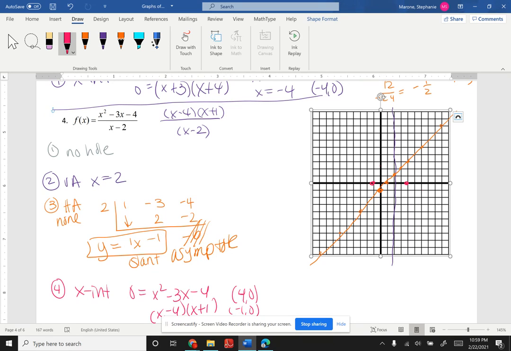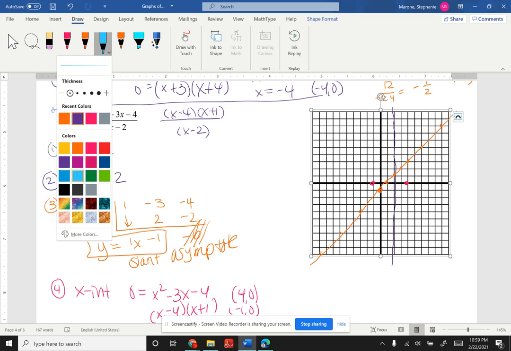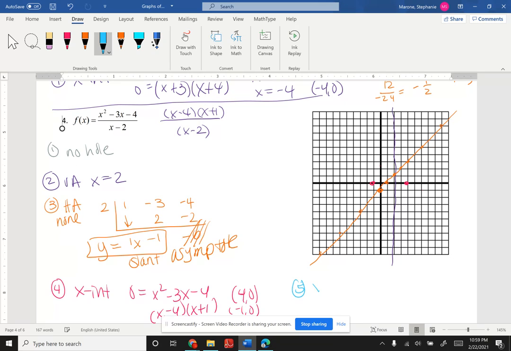And the y-intercept is setting or making x 0. So it's just the ratio of the constants. So it's -4 over -2 because all of those x's will go away. And then that's equal to 2. Oh, 0, 2.